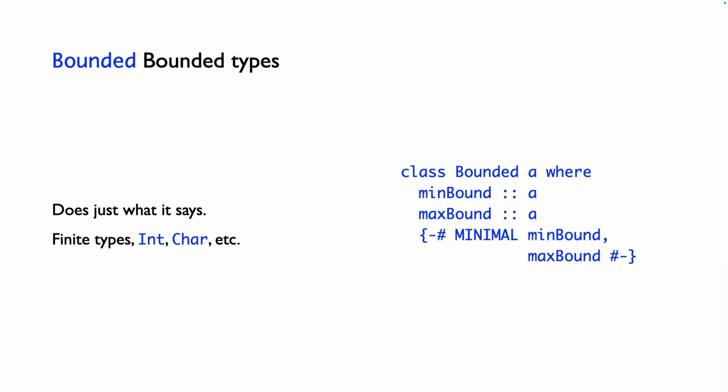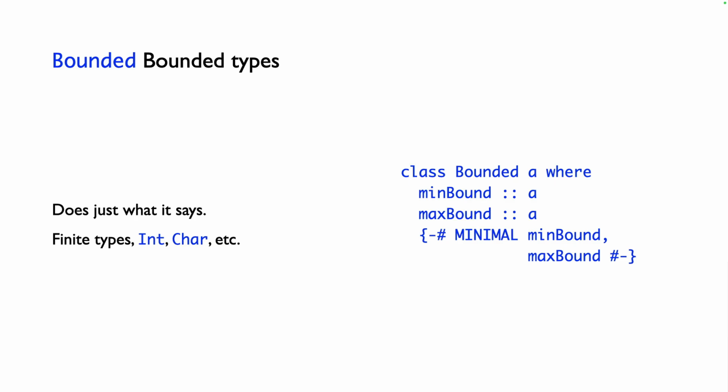There's another rather more minimal class called Bounded. And that simply has two values attached to it. It says there are upper and lower bounds on the values in this type. There is a minimum and there is a maximum. And the minimal implementation is that you have to provide both of those. Now it's obvious what the minimum and maximum are for a finite type, but also for Int, there is minInt and maxInt, because Int are fixed size integers.